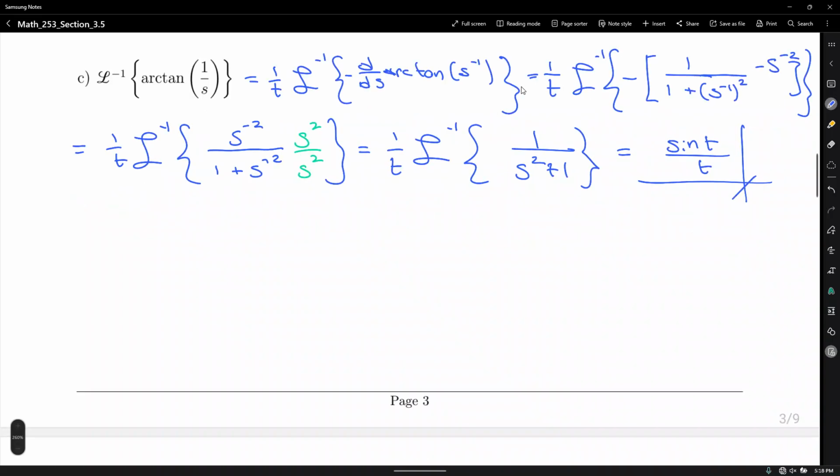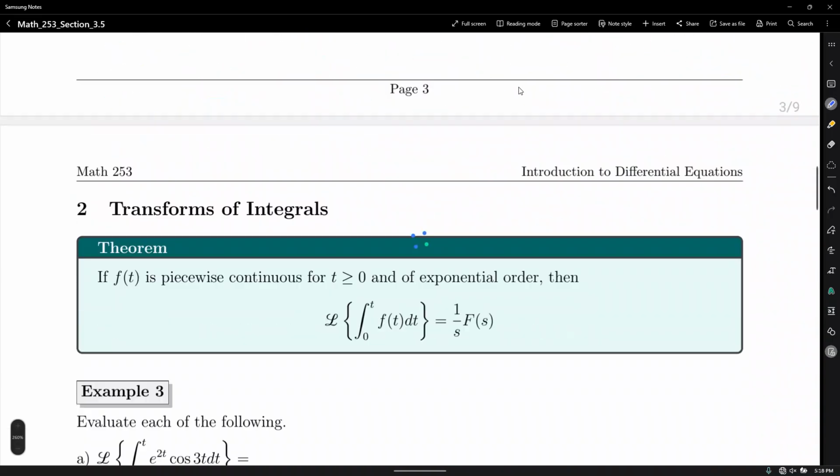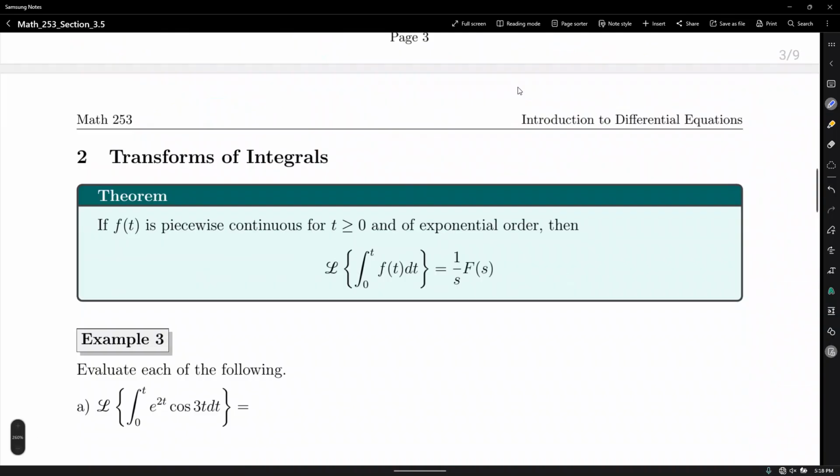Okay. So the next topic in this section is about transforms of integrals. In the second section in this chapter, we look at transforms of derivatives to solve differential equations. In this section, we did derivatives of transforms as one of the operational properties.